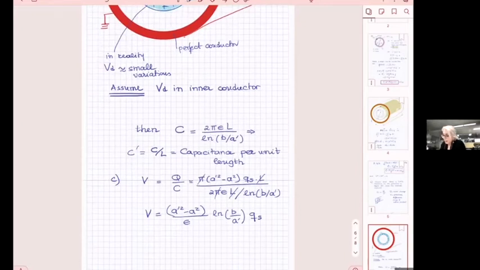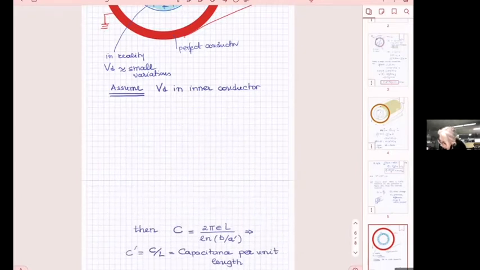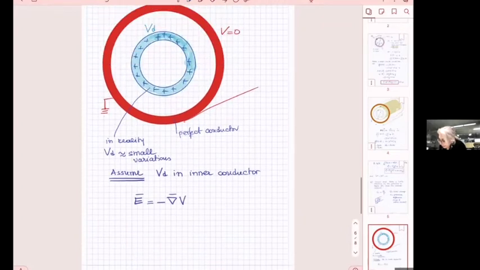We take the electric field and we integrate it, because we remember that E equals minus the gradient of V. And then we are going to identify one point A here and one point B here, and define this line, which is along the radial direction.